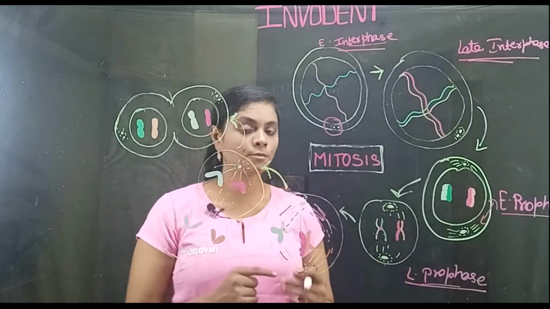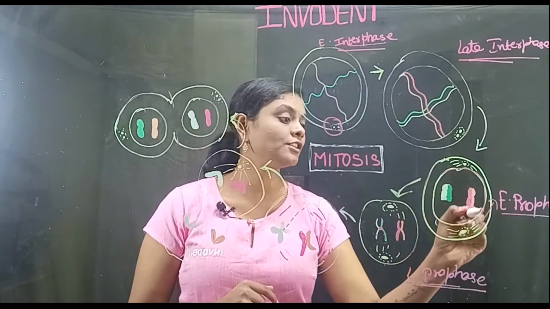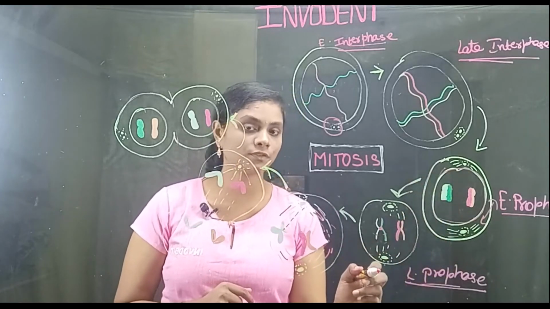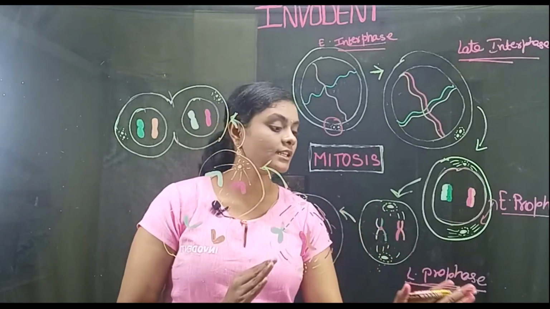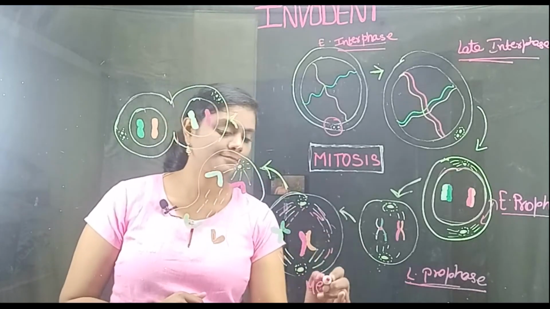The other important point to be discussed is that you can see that the nuclear membrane which is present in the early prophase is not there in the late prophase. So the nuclear membrane disappears in the late prophase. Then comes your metaphase.